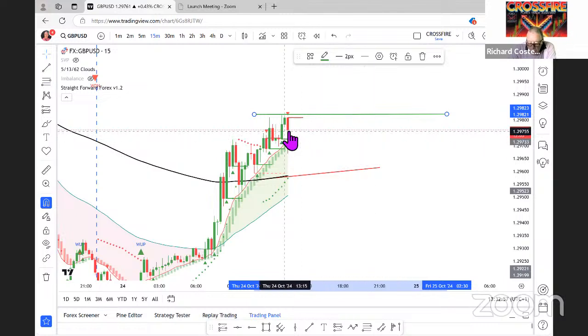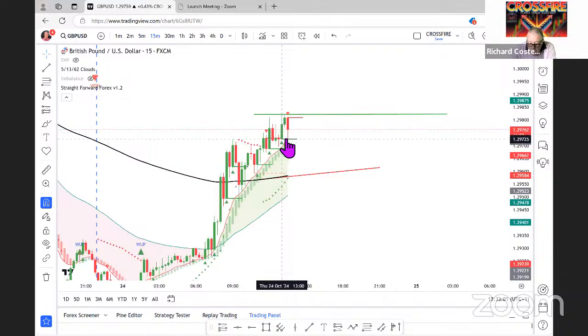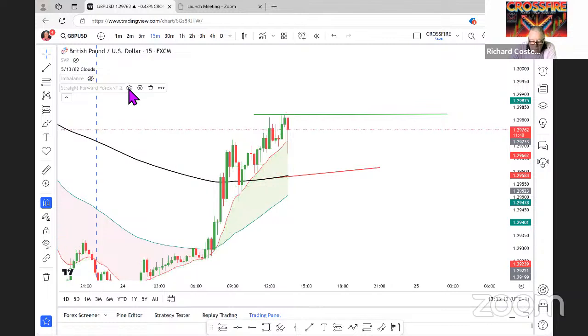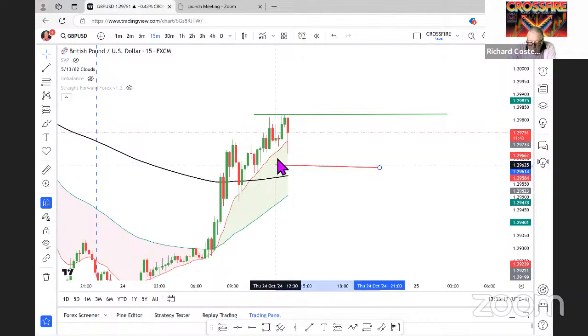Looking at the bottom of the 1 o'clock, and I'm still on the 15 minutes, so I need to drop that down to that very next candle. I'm just going to take these off. I need to grab this and take it to there.